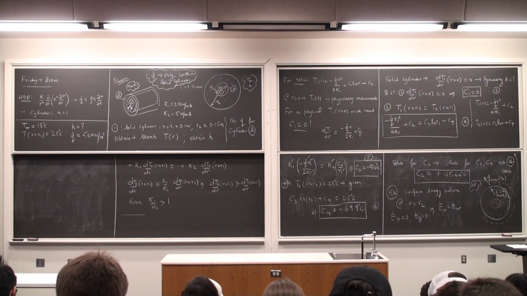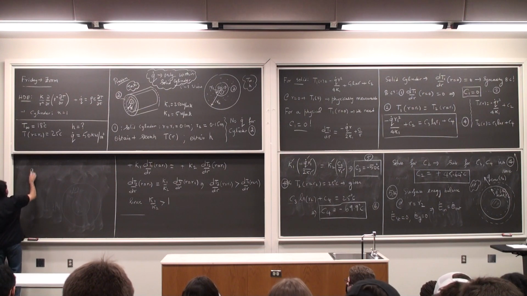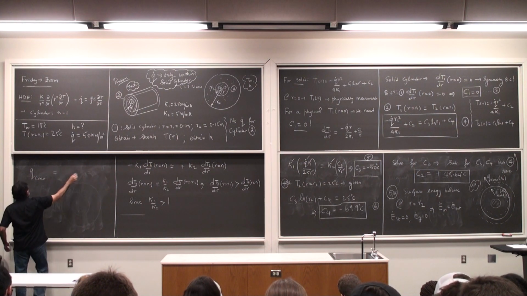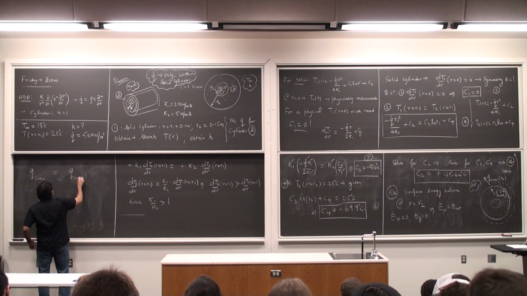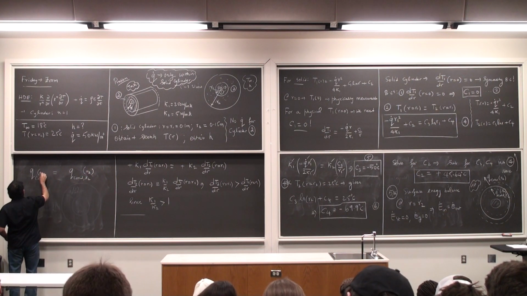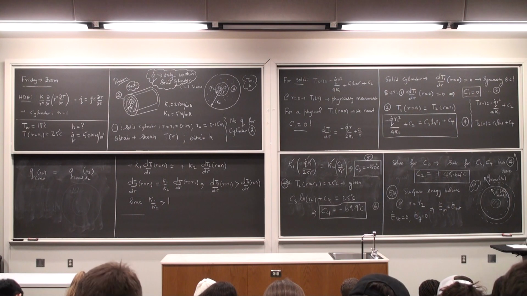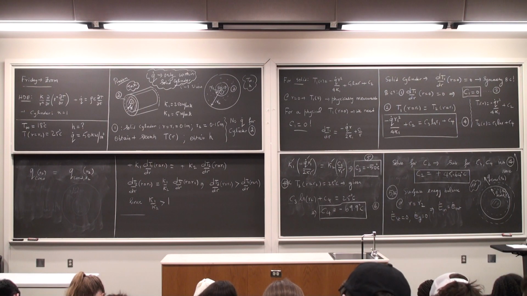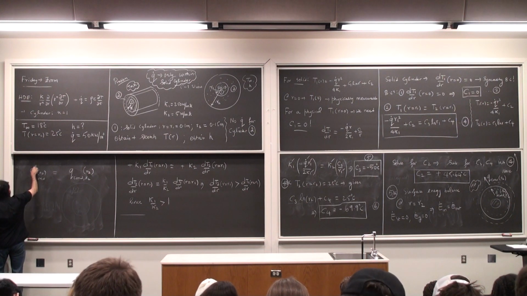Okay. So Q convection is equal to Q conduction, K2 at R2. Surface area for heat transfer is the same because I'm looking at the same ring here. So I can say this is conductive flux and convective flux.